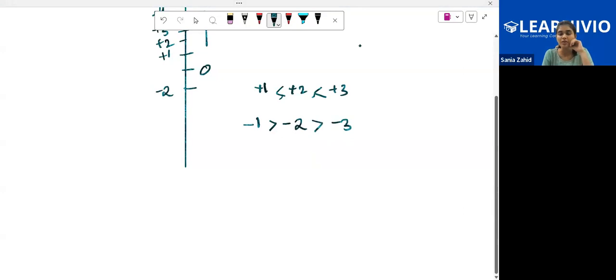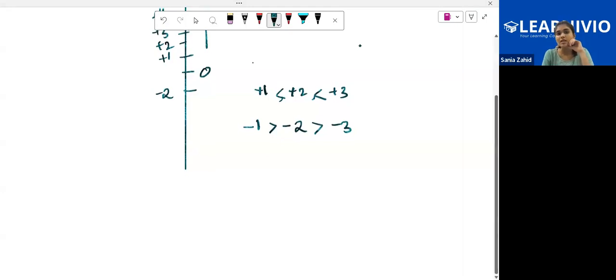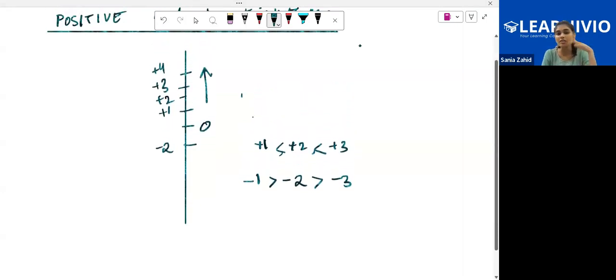So whenever we are comparing positive numbers, the number which is farthest from 0 is the largest number. But if I talk about negative numbers, the number that is closest to 0 is the largest number. So for positive, to find the largest number, go as far away as you can from 0. Like +3 is over here, far away from 0.